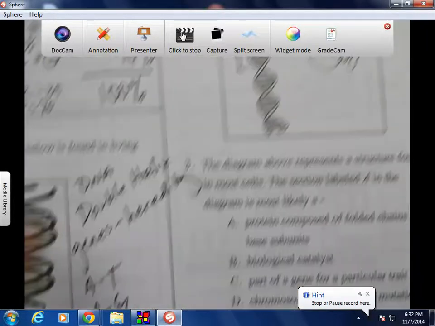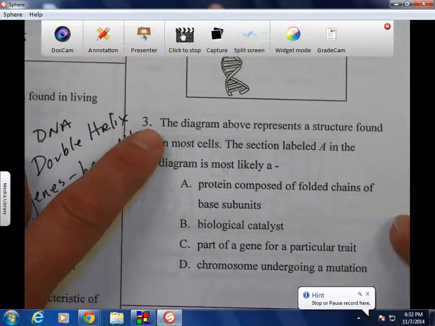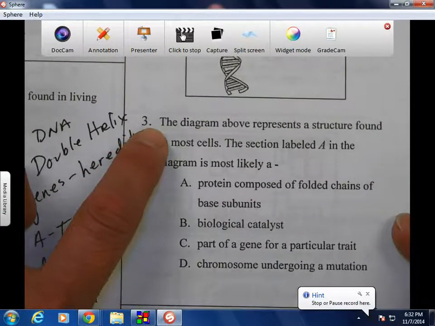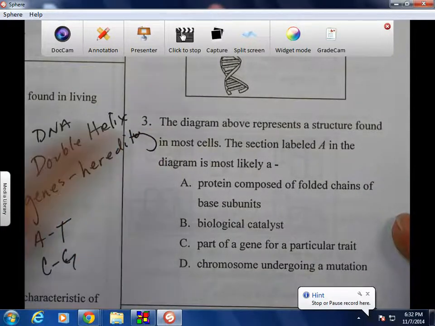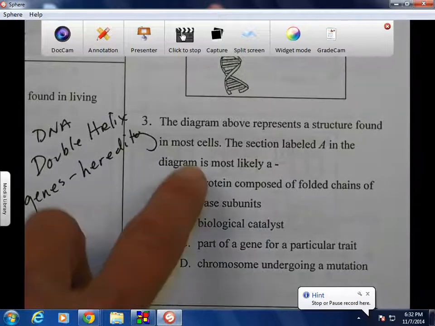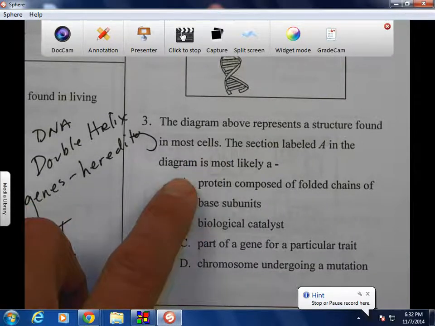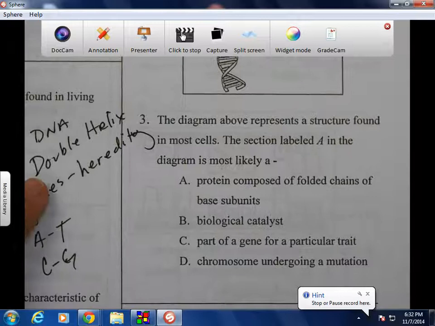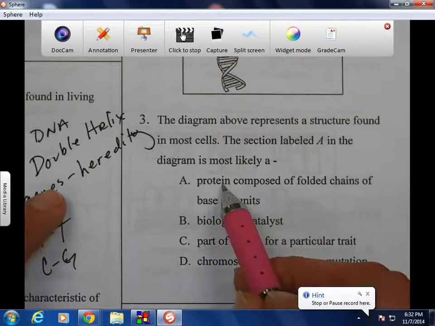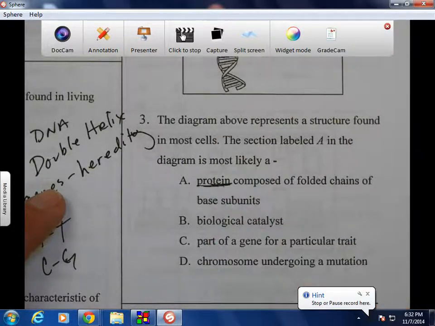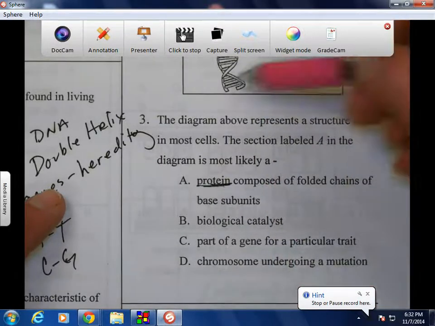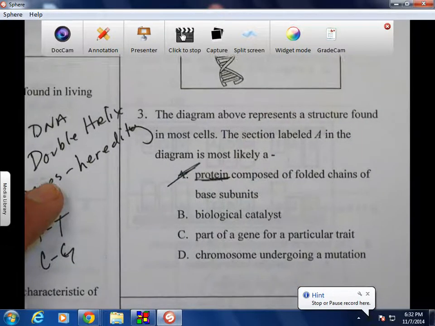Okay. It says the diagram above represents a structure found in most cells. The section labeled A on the diagram is most likely. It's not a protein, because we haven't really talked about proteins, and we know that this is DNA, so that's not the correct answer.